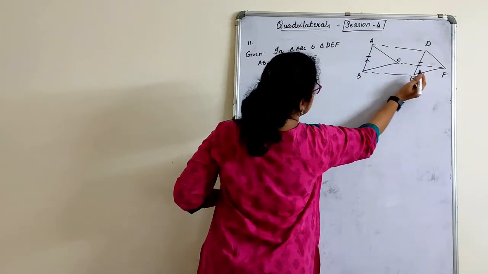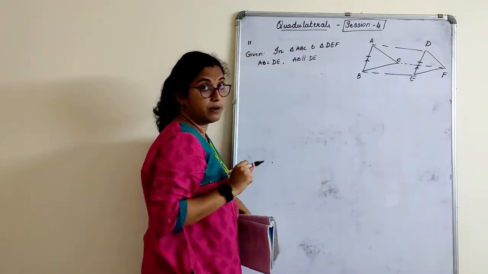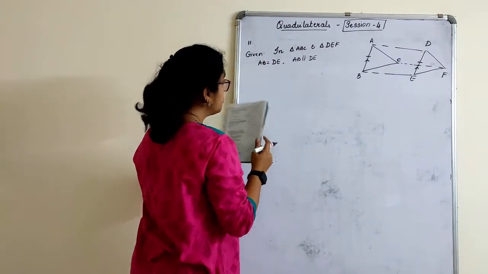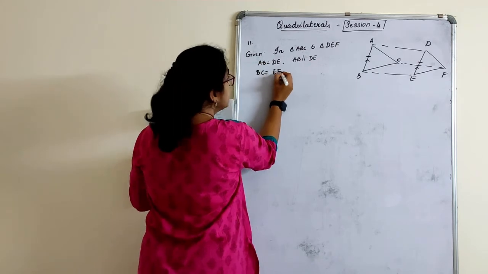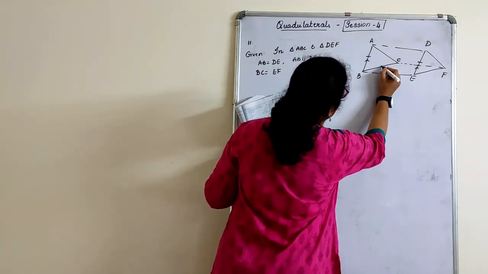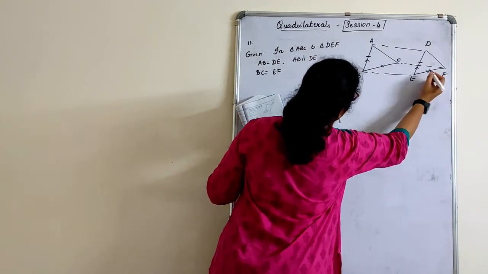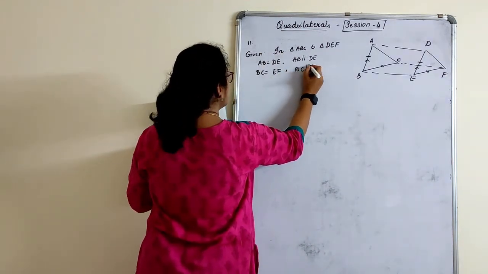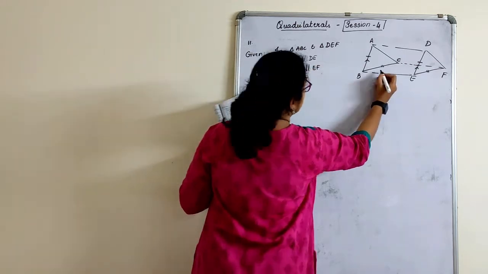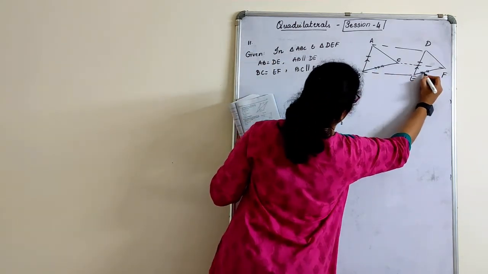This is the symbol used for parallel, the arrow mark. Apart from that, BC is equal to EF, and BC is also parallel to EF.